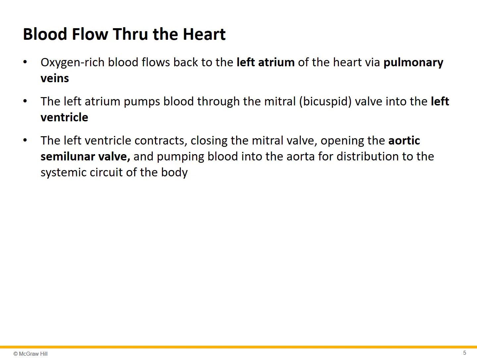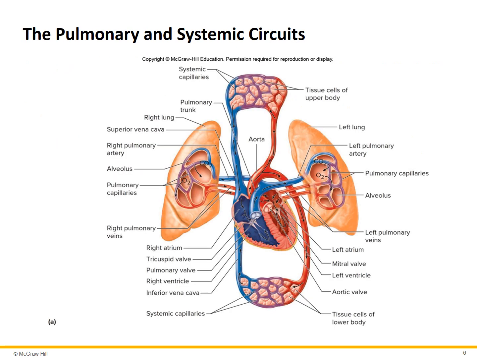And so then the blood is going to enter into the aorta for distribution to the systemic circuit of the body. Systemic, just remember, like organ systems. So it's going to go to the stomach and the spleen and the liver, the kidneys, right, all the way down to the toes, and way back up again.